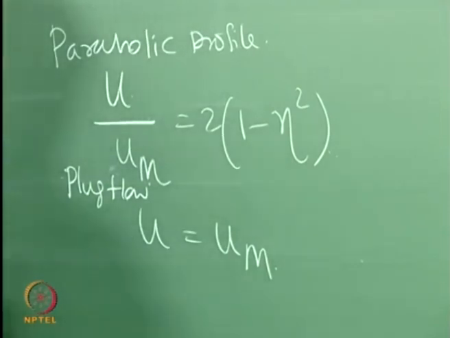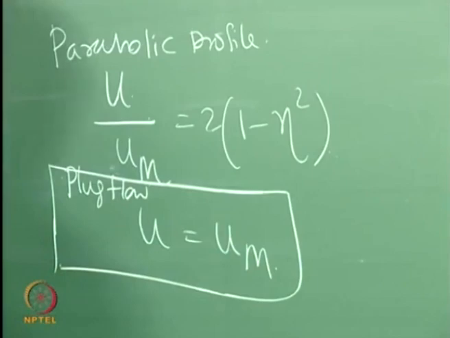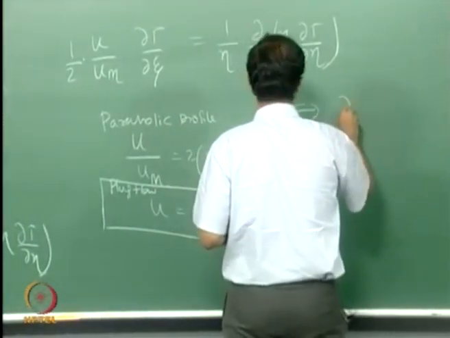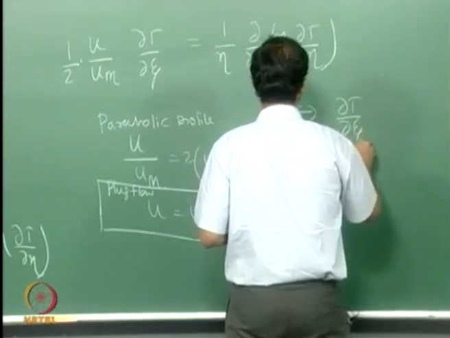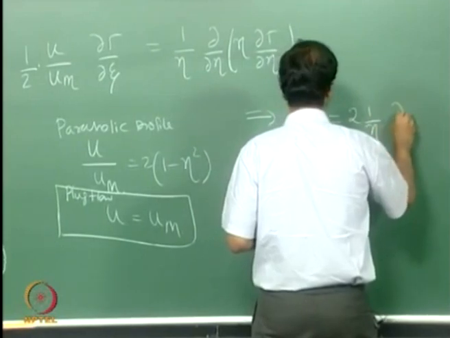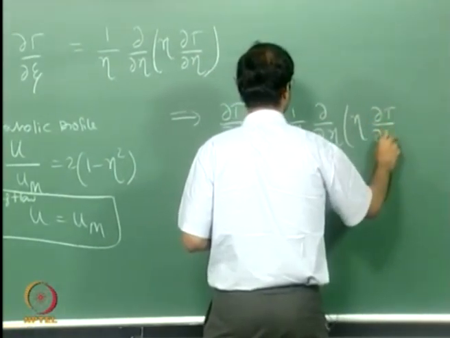So therefore, let us assume for the time being that yours is a plug flow. So substituting this, you get dT by d zeta is equal to twice of 1 by eta into d by d eta dT by d eta.